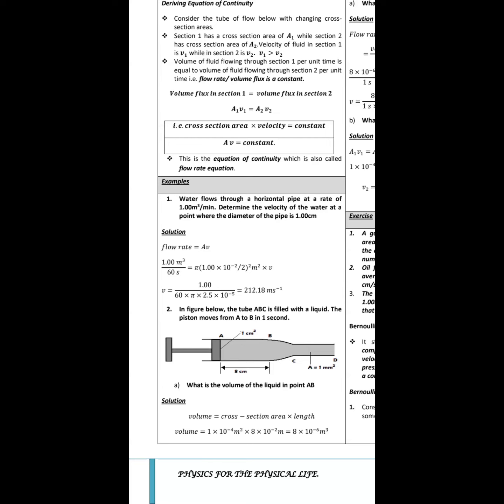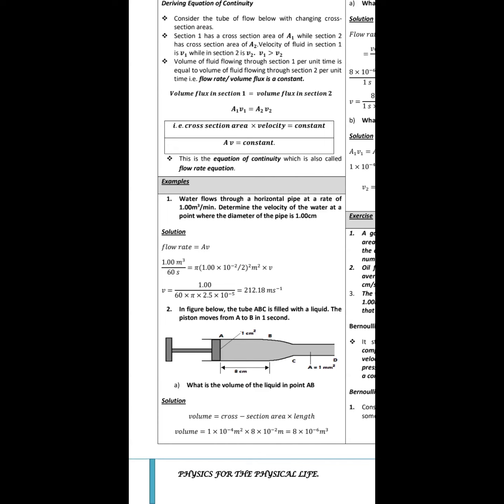So we use that volume flux for another equation, which is velocity times cross-sectional area. The volume flux 8 times 10 power negative 6 is equal to velocity times the cross-sectional area, 1 centimeter squared, so convert it to meters squared by dividing it by 10,000. So I found that the velocity is 0.08 meters per second.